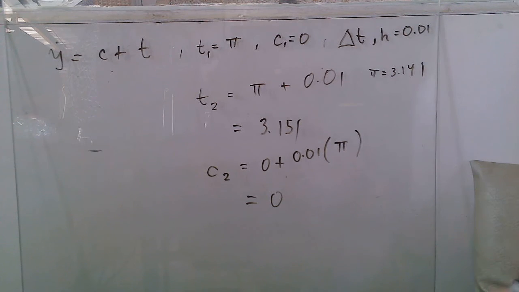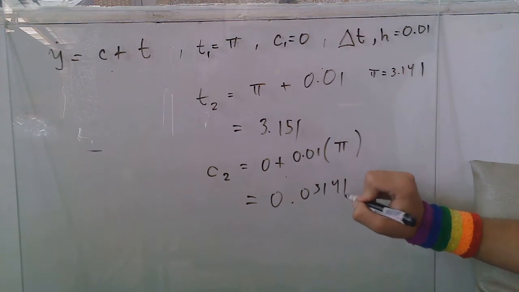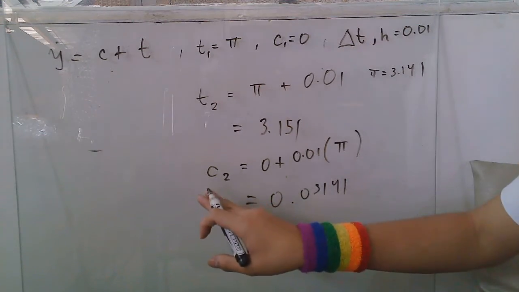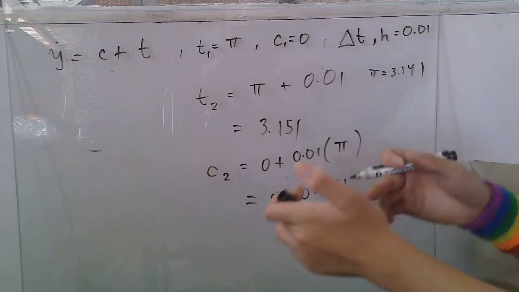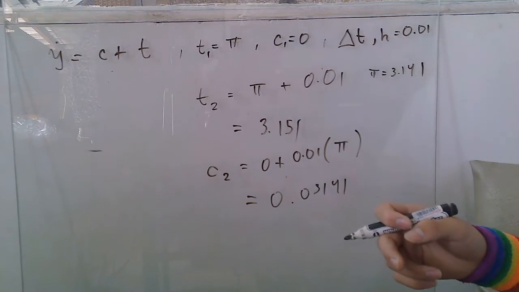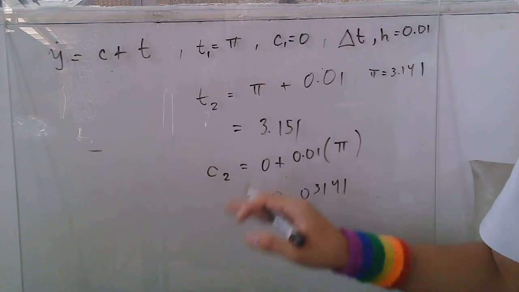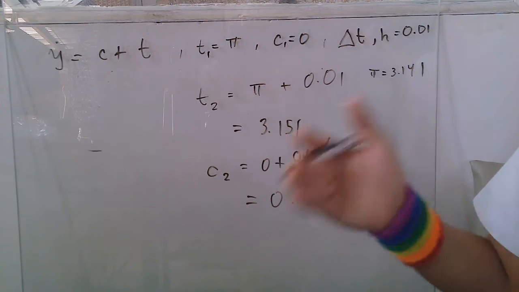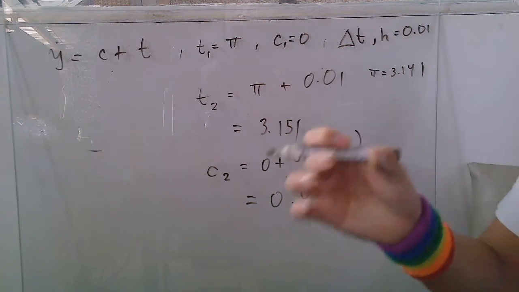So using this over here, 3.141 times 0.01 gives us 0.03141. And using this C sub 2, we can find C sub 3, we can find T sub 3. It just goes on and on. We can just keep approximating until we get as good a value as we want. We can get better successive approximations by making h smaller and smaller.